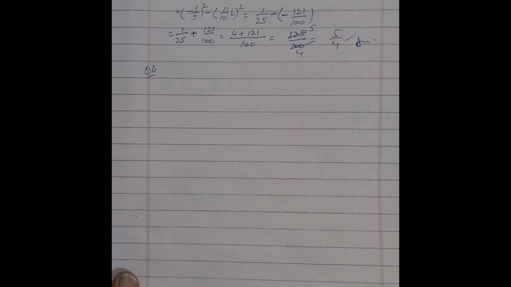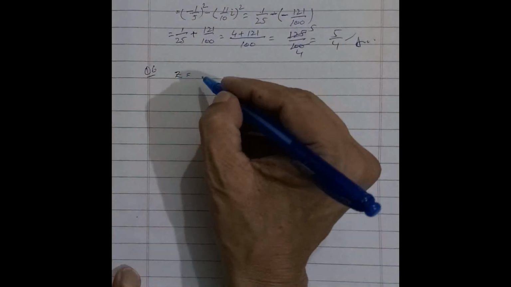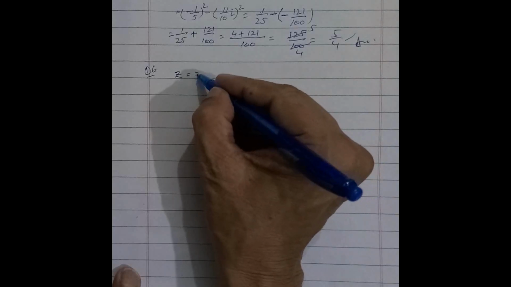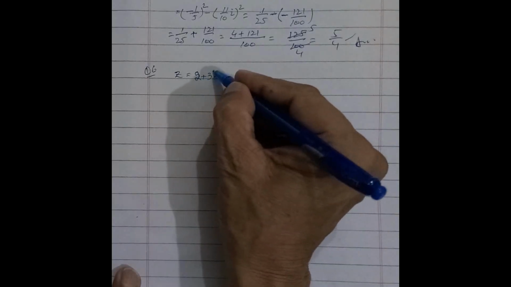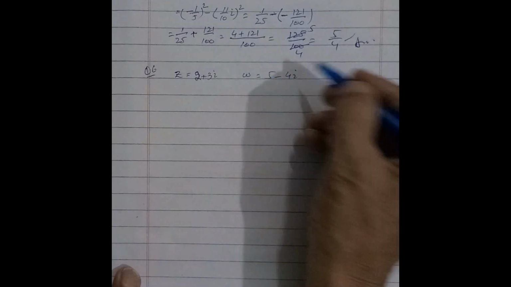Here we have Z equal to 2 plus 3 iota, and W equal to 5 minus 4 iota.